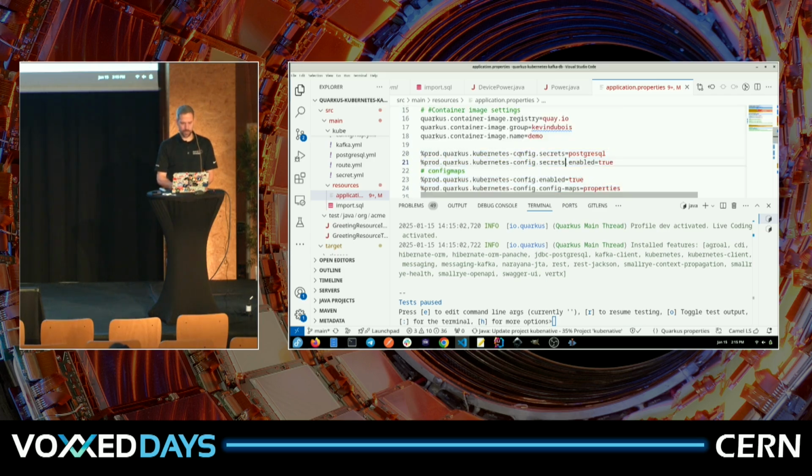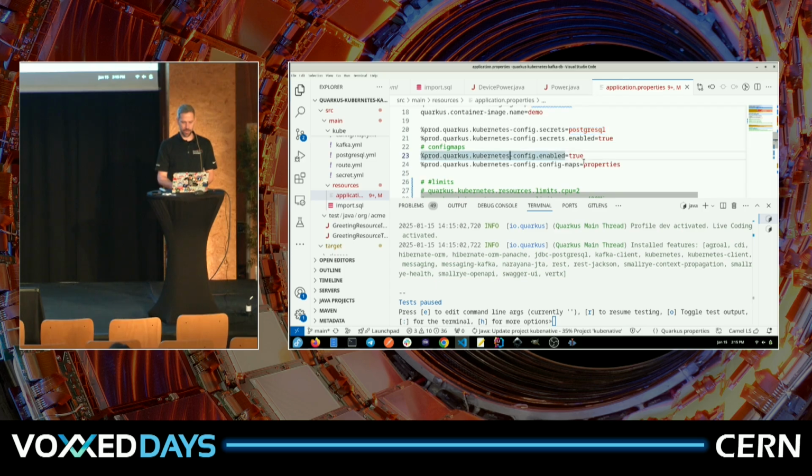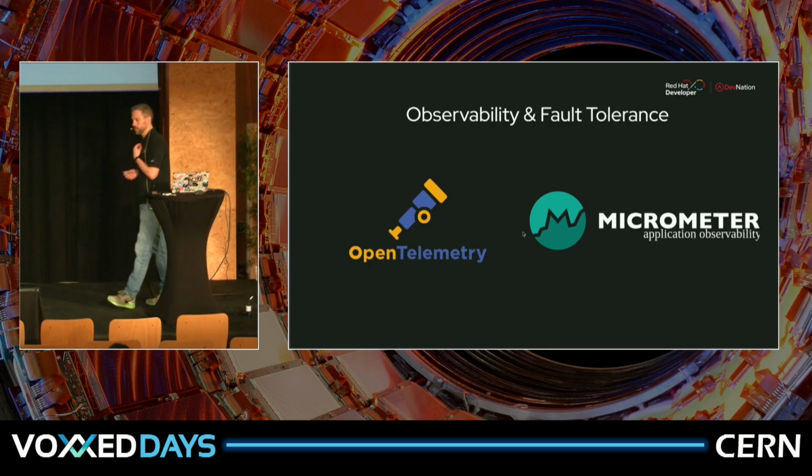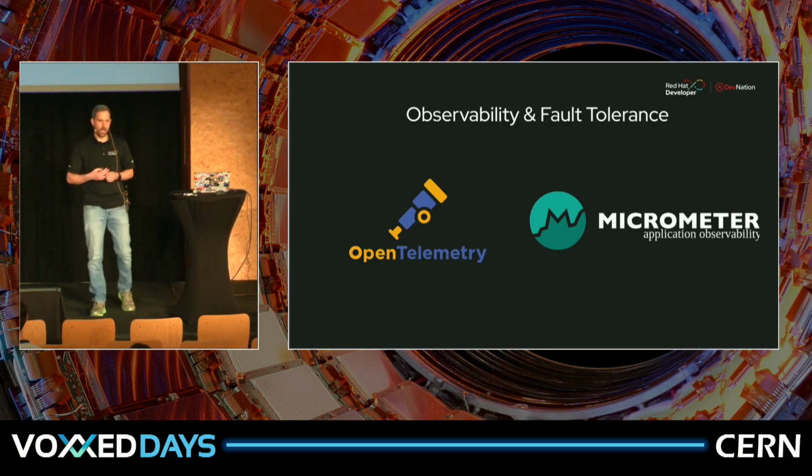You can see here, I have a secret called Postgres and then a configuration map properties. By adding this to my application properties, the YAML in my Kubernetes will be updated to make those particular connections as well. So we'll see that in a second. In the meantime, I'm going to move a little bit faster because we're running out of time.